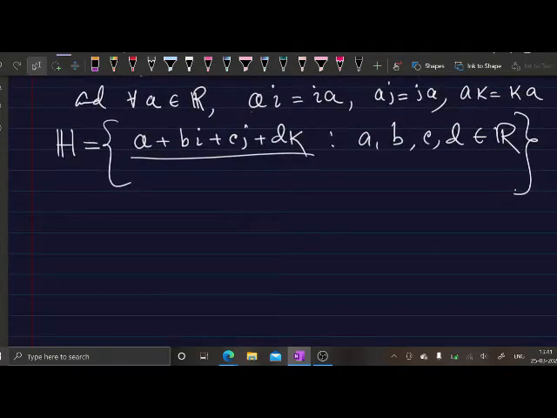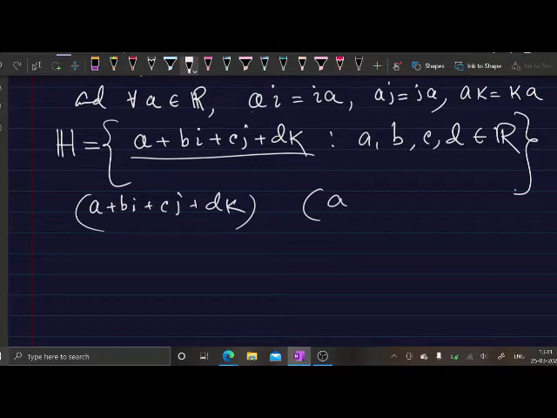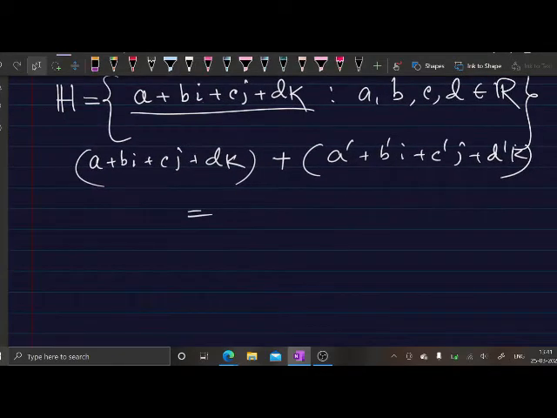Okay, so what is the definition of its addition? How to add these two objects? Addition is very simple. By taking two objects, a plus bi plus cj plus dk and a dash plus b dash i plus c dash j plus d dash k, and if you add, then what would be the definition?